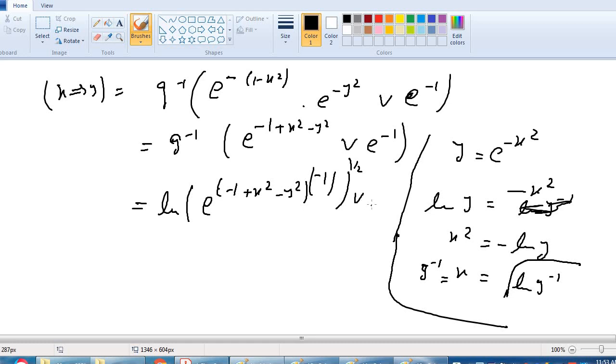Similarly, we get ln of e raised to power minus 1 into minus 1, and the whole of the power is 1 by 2.